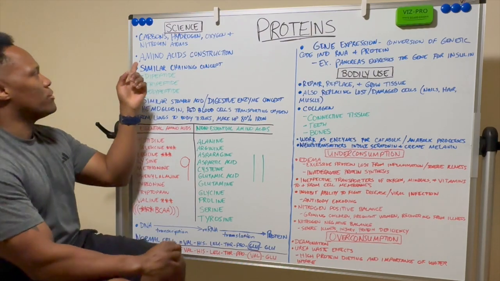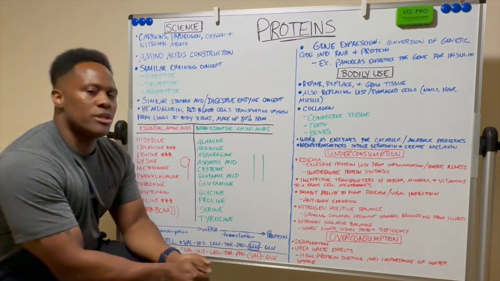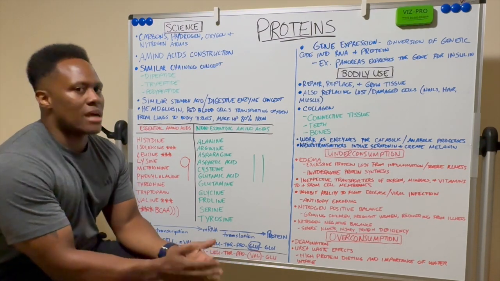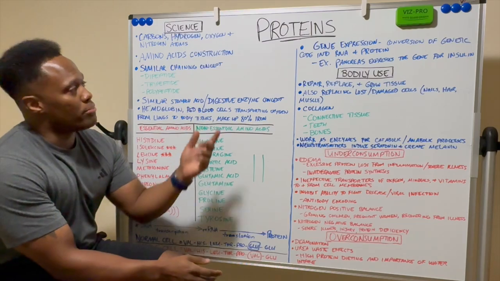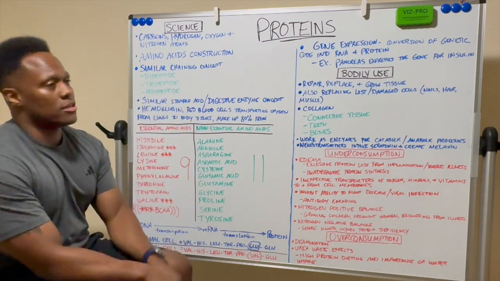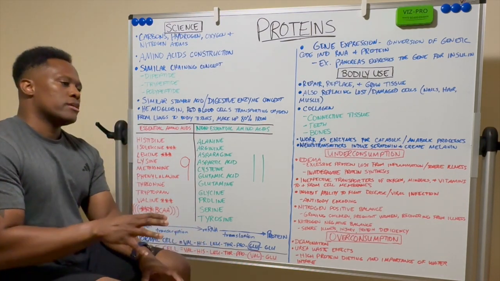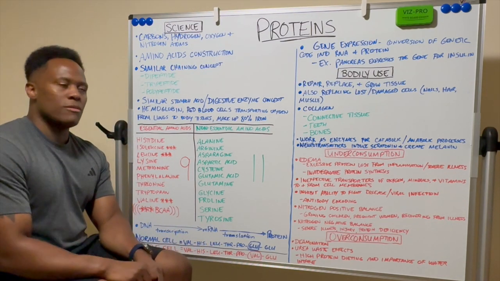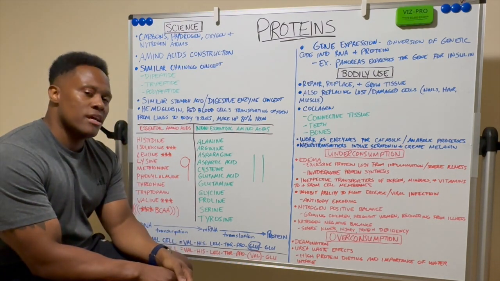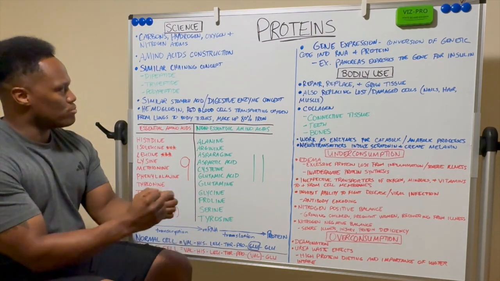So we're going to start here with the amino acids. Proteins, some of you may know, maybe some of y'all don't, but amino acids are the building blocks of proteins. Amino acids are what proteins are made of. And they also have a similar chaining concept. Just like in my carbohydrate video, there was the chaining of the different sugars, the mono-, di-, and polysaccharides: single sugars, two sugars, and then many sugars chained together.